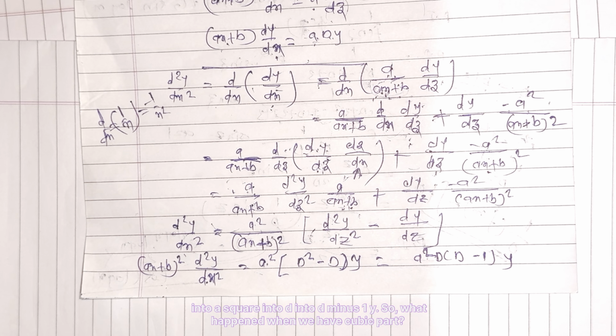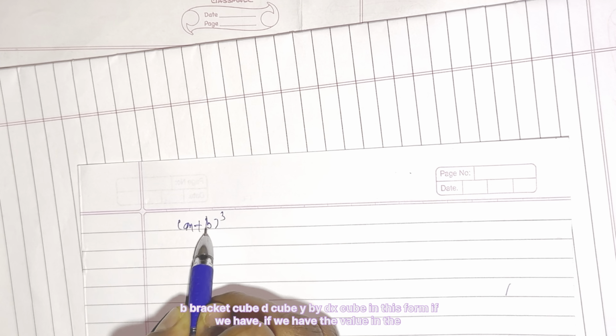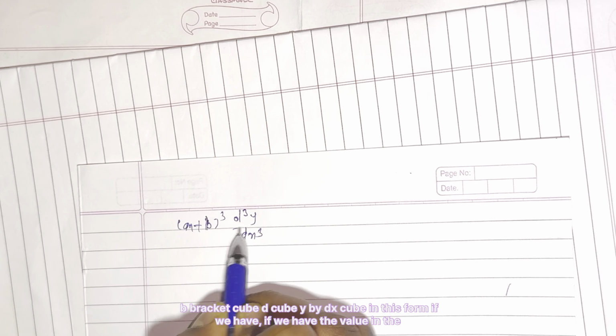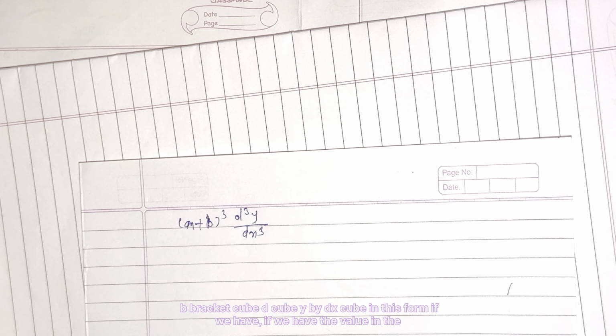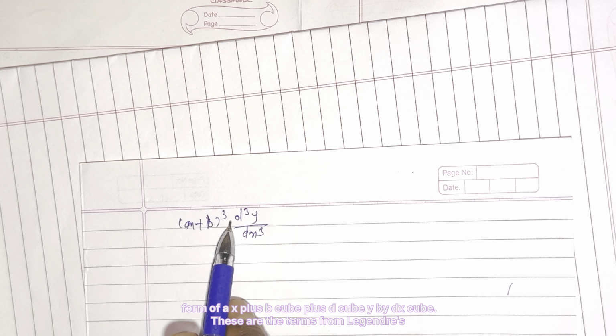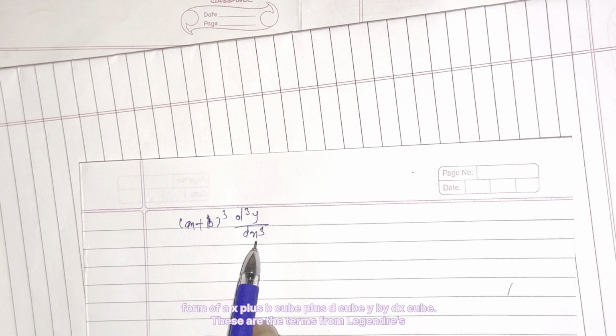So what happens when we have the cubic part? In the condition of a cubic, when we have the third derivative with (ax plus b) bracket cube d cube y by dx cube, these are the terms from Legendre's differential equation.